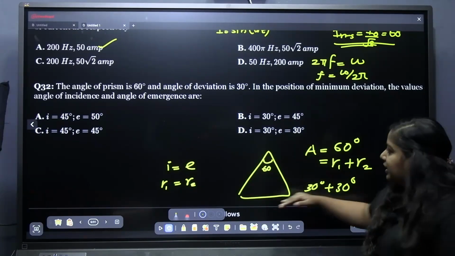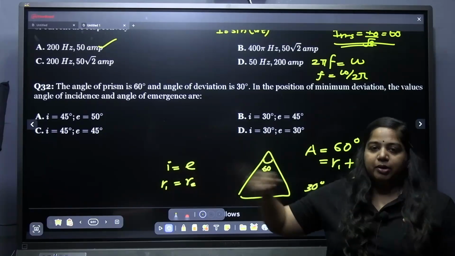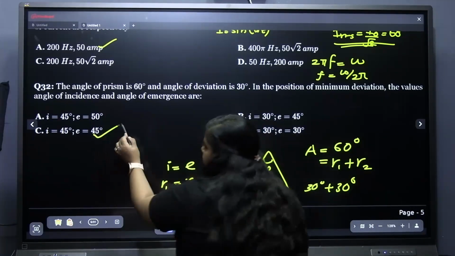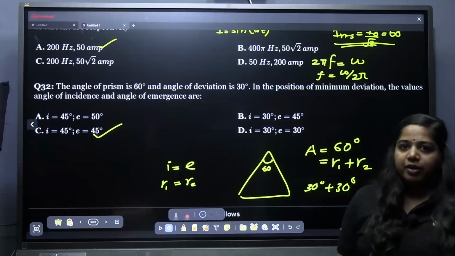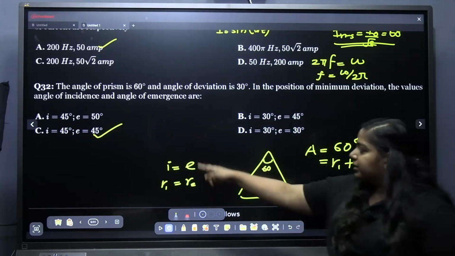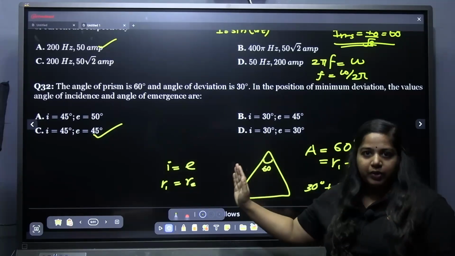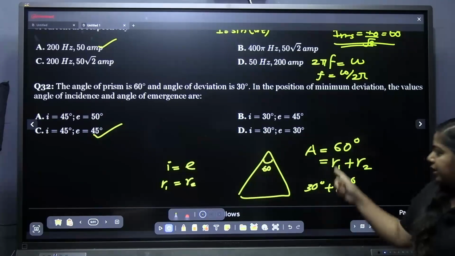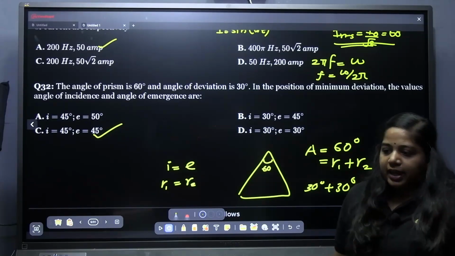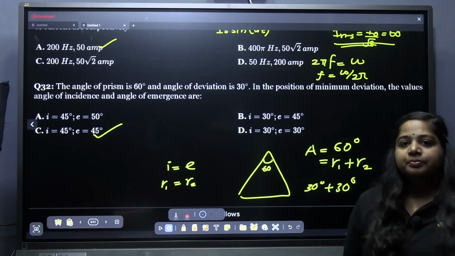Then if this is 30, I and E cannot be 30 because the angle should change. So 30 won't be the answer. Answer will be option C, 45 and 45. You don't have to calculate anything, okay? Just use this. At minimum deviation, I equal to E, R1 equal to R2 and A equal to R1 plus R2. Through this we can get the answer. Is that clear for all?